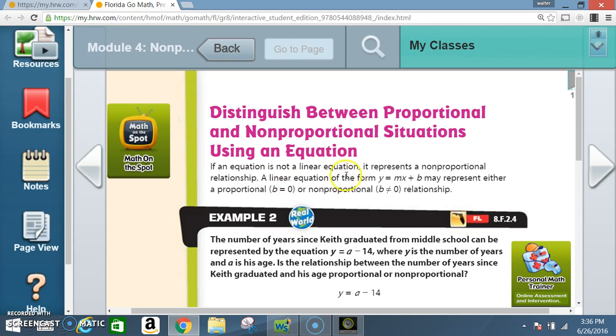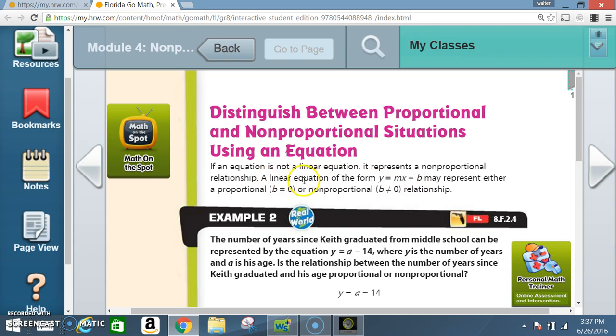A linear equation of the form y equals mx plus b may represent either a proportional relationship, which means that the y-intercept is 0, which is like saying it's going through the origin, or a non-proportional one, where b cannot equal 0.